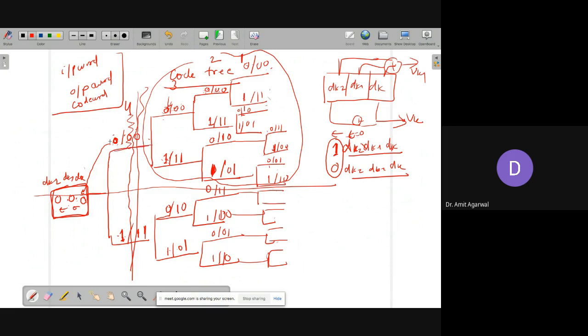The input bit at the 0th time instant does not affect its output. That is why there will be symmetry. So whatever output you are getting here, you will get here. Just think about it, and also go through the book by B. P. Lathi. Then I think it will be more clear.